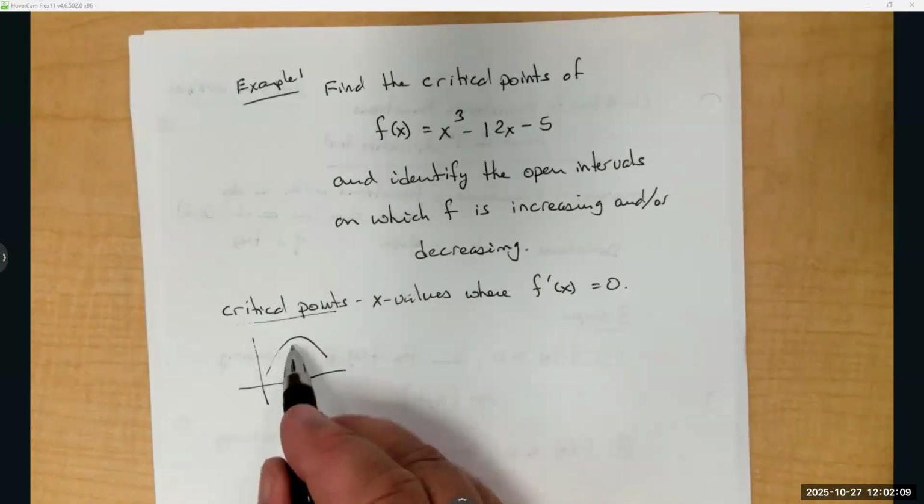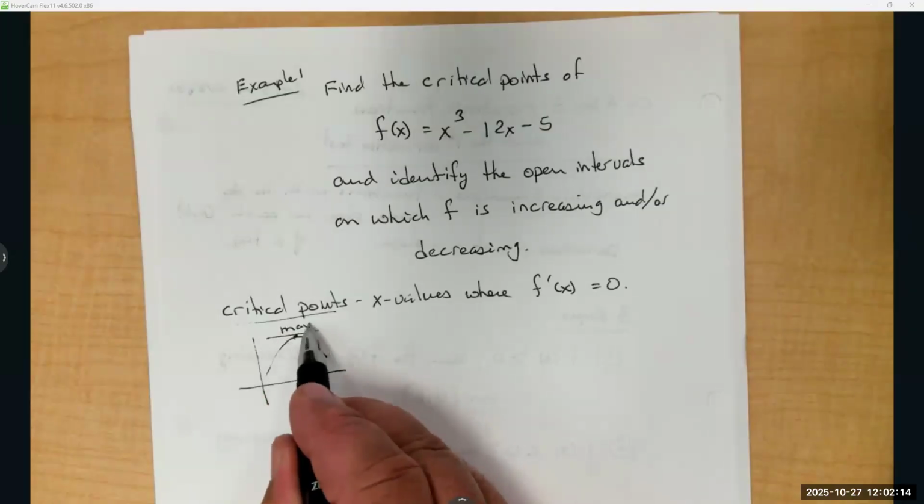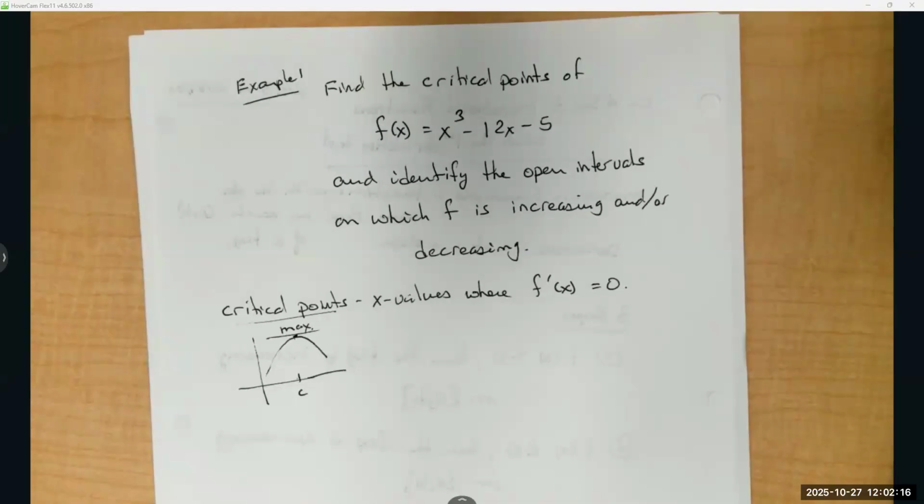If this is a maximum, what has to be true about the slope of the graph on both sides of that?